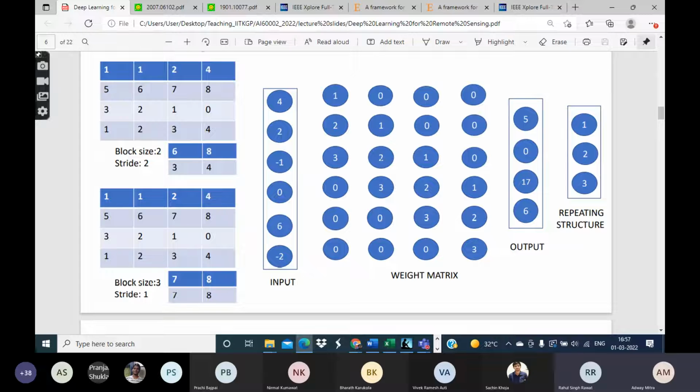There is a repeating structure, and apart from that repeating structure, the remaining values are zero, which means a zero value in this weight matrix is the absence of an edge. The input is 6 dimensional here and the output is 4 dimensional. So a total of 6 into 4, 24 edges can be there. But an edge weight of 0 means that some of those edges are not there.